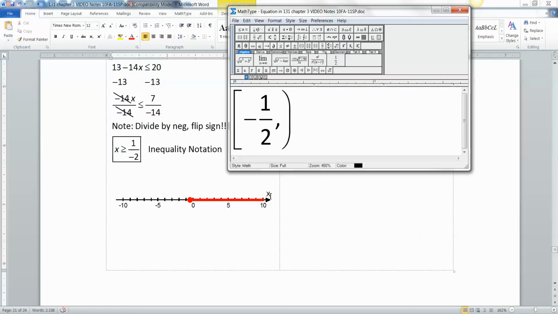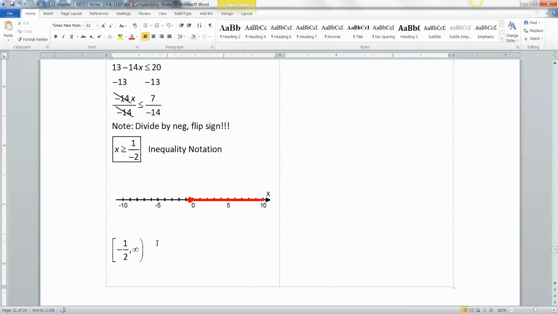It just looks like it does with my computer program, but it keeps going. So you have to keep going and give it infinity, right? Because it never stops. 3 million is bigger than negative 1/2, right? So there's interval notation. Done.